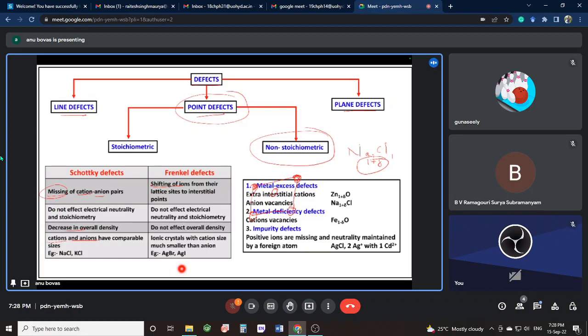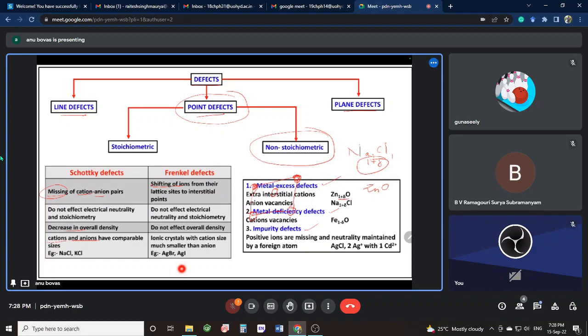Non-stoichiometric defect can be of three types: metal excess defect, metal deficiency defect, and impurity defect. In metal excess defect, there is a little excess of metal, like if the stoichiometry should be ZnO, but since it is Zn1+δO, this means that there is a little bit of excess of metal.